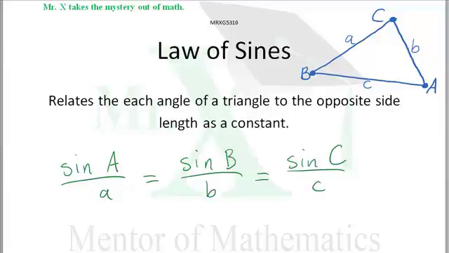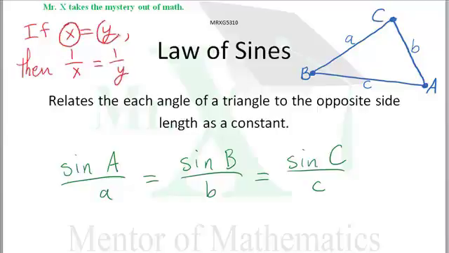You don't have to. There's a very nice principle in math that says if x equals y, then 1 over x equals 1 over y. If two numbers are equal, then their reciprocals are equal.